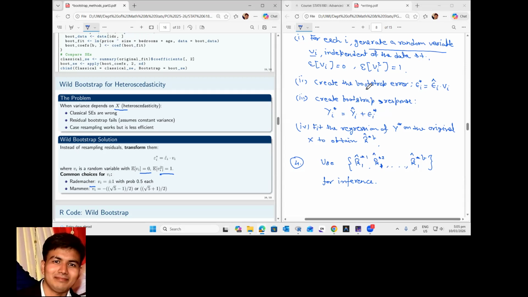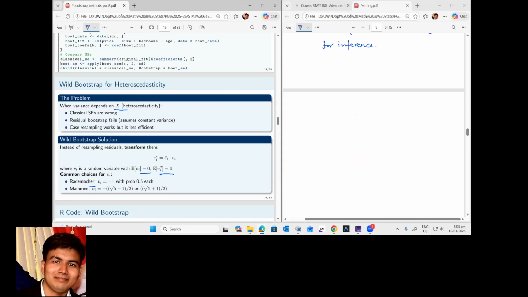These are the two distributions that we are using here in the bootstrap. The Rademacher distribution was given by a German mathematician, Hans Rademacher. I will just give you the introduction of that one.